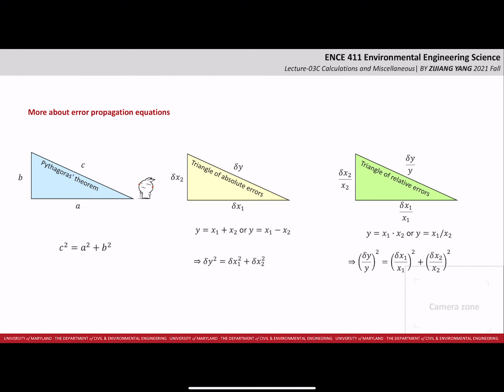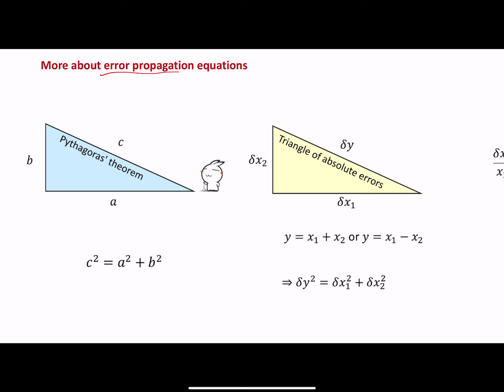So the next one, I would like to talk about error propagation equations. First, I think we are familiar with the Pythagorean theorem. We can see the square of C equals the square of A plus the square of B. And actually, the error propagation is similar to this case.